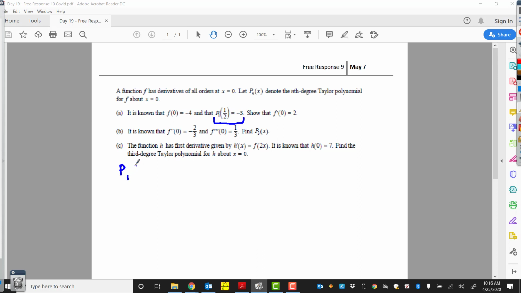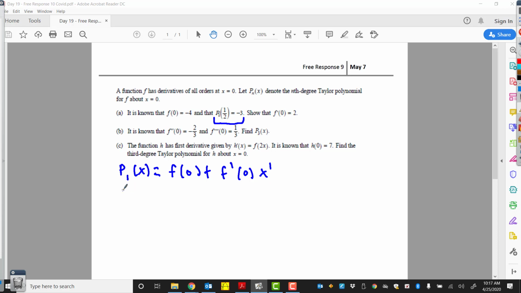So p1 of x is equal to, well, that says it's the Taylor polynomial with the first degree centered at 0. So that means it's f of 0 plus f prime of 0 times x to the first power. And that's all we need, because this is p1.